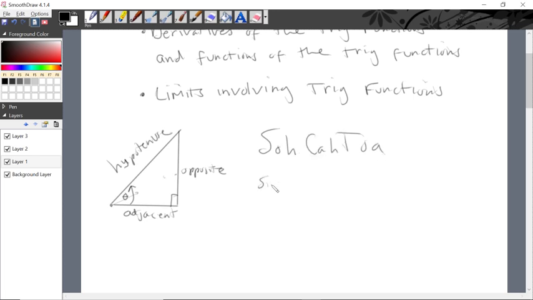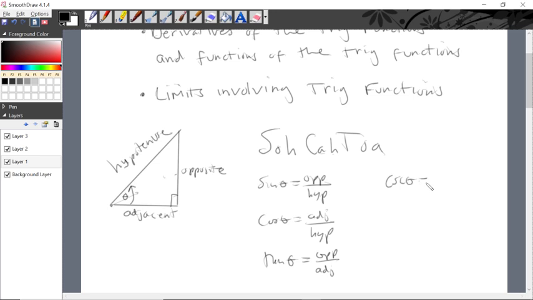So, for example, the sine of theta is equal to the ratio of the opposite side length divided by the hypotenuse, right? And the cosine of theta is equal to the adjacent side length divided by the hypotenuse, CAH, right? And then the tangent of theta is equal to the opposite side length divided by the adjacent side length. Okay, we get the primary three trigonometric functions this way, and then we get their reciprocals by the reciprocal identities.